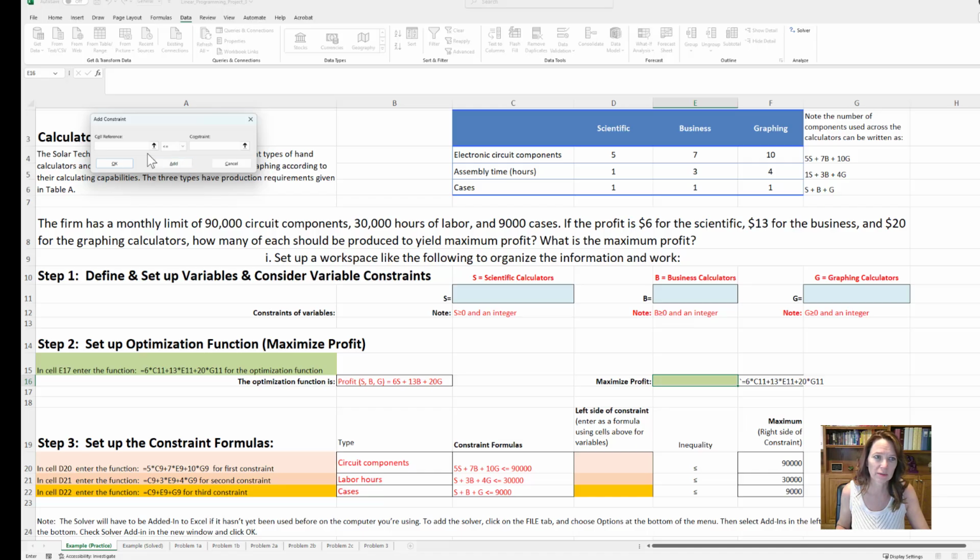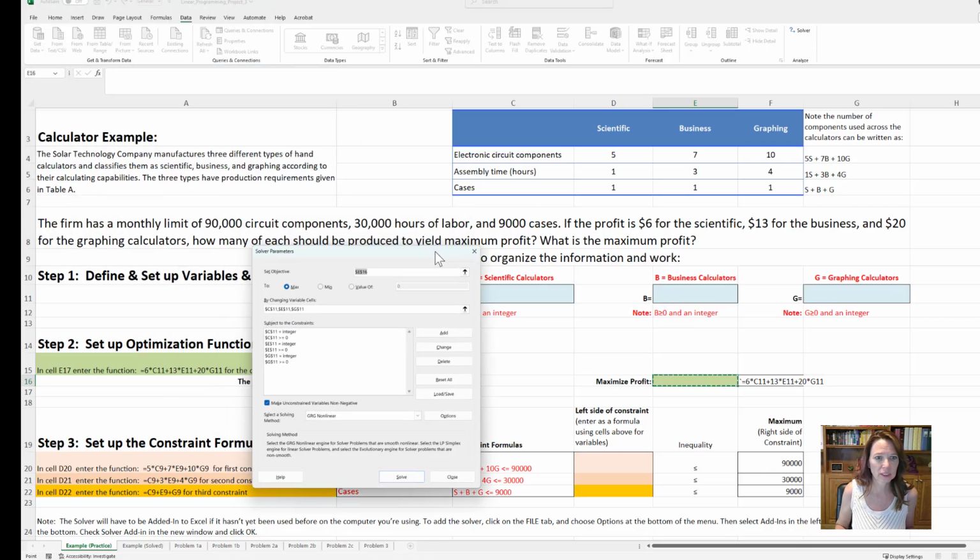Okay, let's do the same for the business calculator. I'm going to select the business calculator cell, and that also needs to be greater than or equal to 0, and an integer. Graphing calculators. Okay, at this point you can see that I've got those three variables constrained to be integers and greater than or equal to 0.